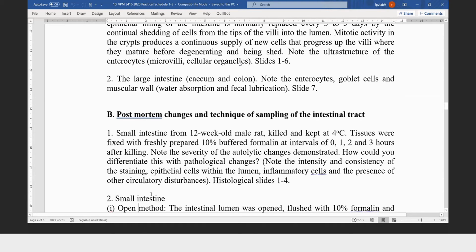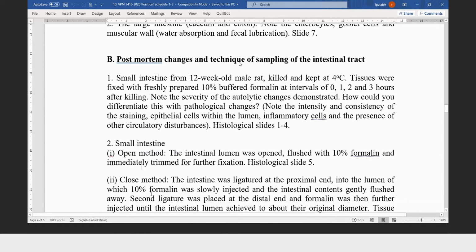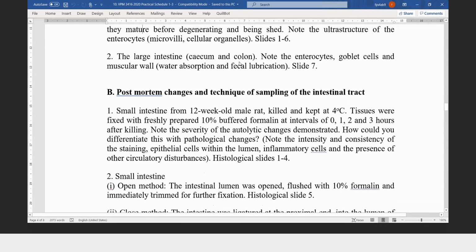So postmortem change, I think during the postmortem class, I mentioned to you regarding the postmortem change. Well, this one is more specific, in case you want to study the intestine. Intestine is so important, particularly in terms of the process of absorption and so on. And people always think now gut health is very important. You need to have a healthy gut, meaning a healthy intestine.